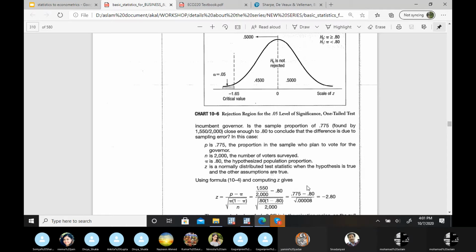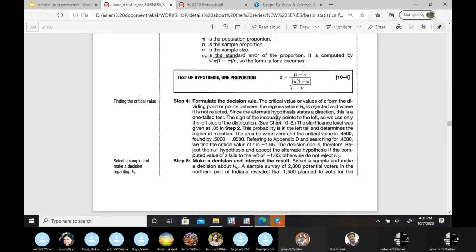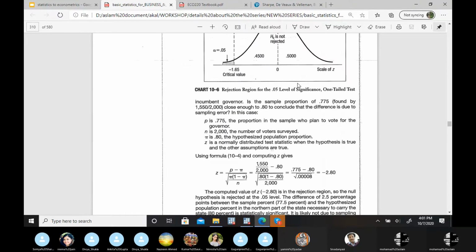So let's do this proportion testing now. The formula for proportion testing is this one, for the one sample case. Here pi is the population parameter proportion, and 1 minus pi, like the failure in the binomial. So let's do it with the manual process in the Stata software.